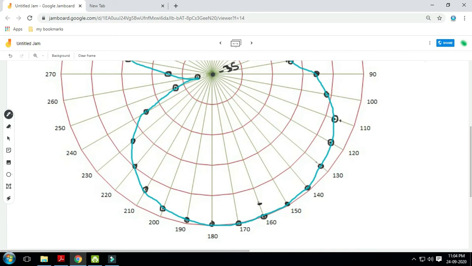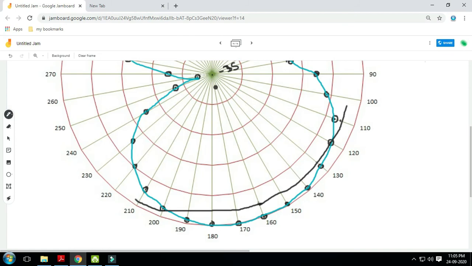Make this center to the mark point as your radius and just create a curve with compass. As I am marking it by hand, it is not that perfect, but if you use a compass, then you get a proper 3 dB line.